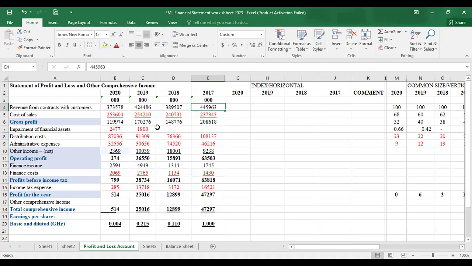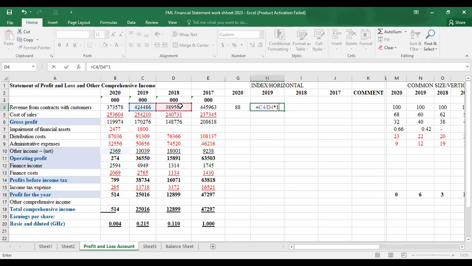So we will do a moving trend analysis with this question. We will pick sales of 2020, then the base year will be the sales, or revenue, for 2019. Then we multiply it by 100. Then we would also pick the 2019 figure. Then the base would be 2018.